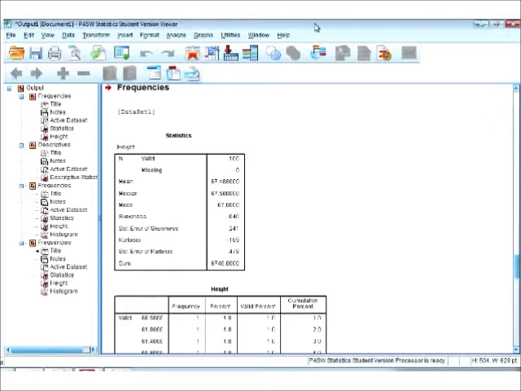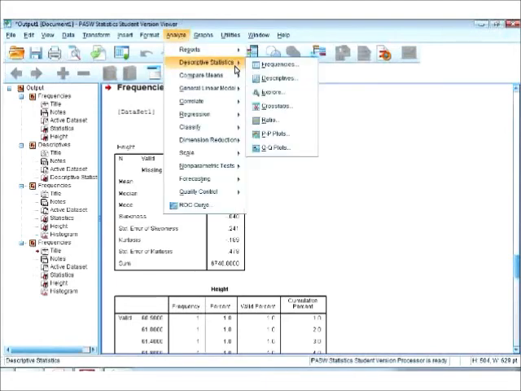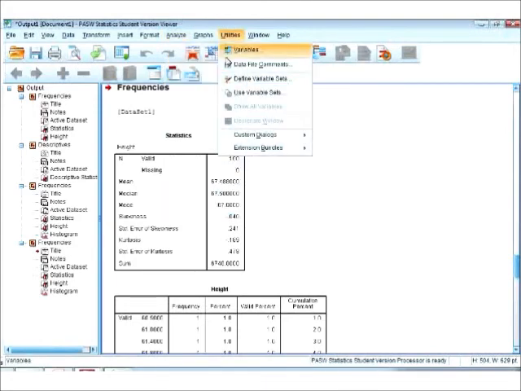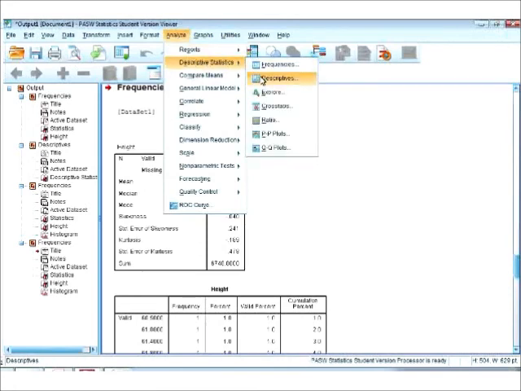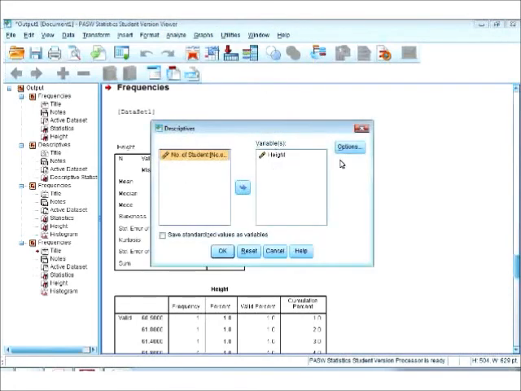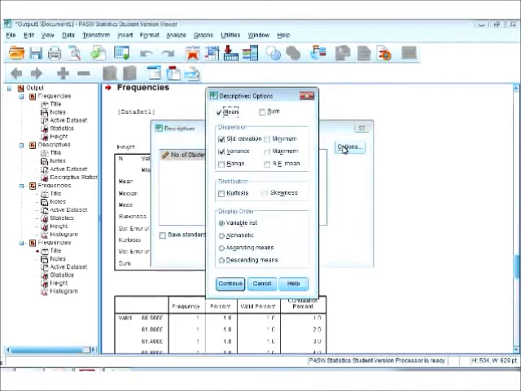Okay? So you go to Analyze, and let's see if it has it in the Descriptive Statistics, and Options. Yes, it allows me to compute the kurtosis and skewness. Though we discussed the mean, mode, and median, these are other parameters that give me an idea about my data set: the minimum value, the maximum value, the range.